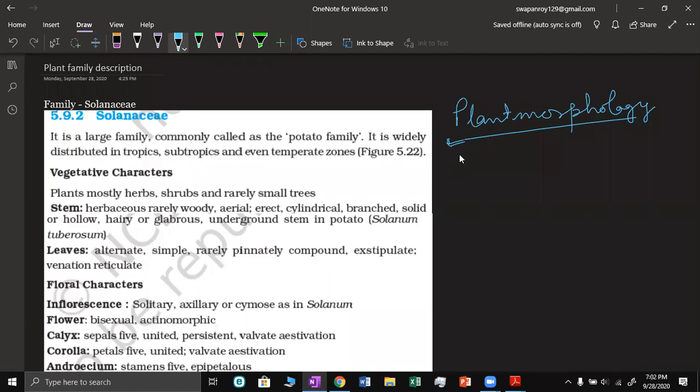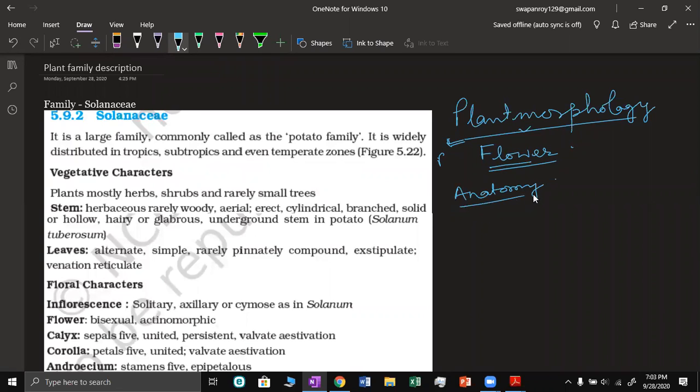So in EMBOSS, see this year, as we know, our syllabus has been reduced due to COVID. In the plant morphology portion, only the flowers are included. The other portion, anatomy, has not been included.